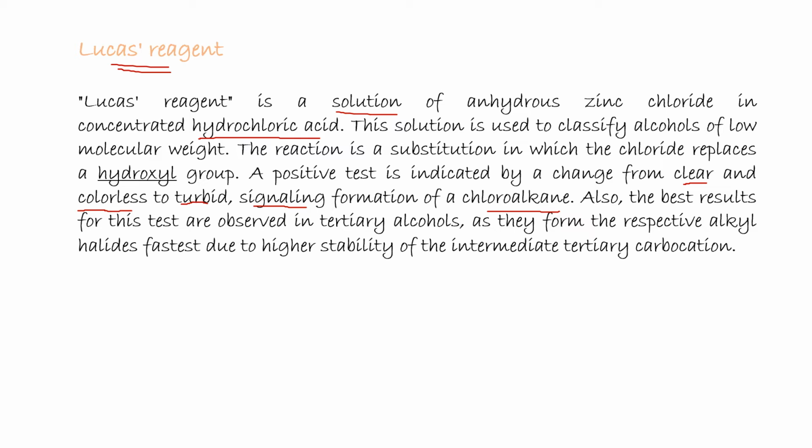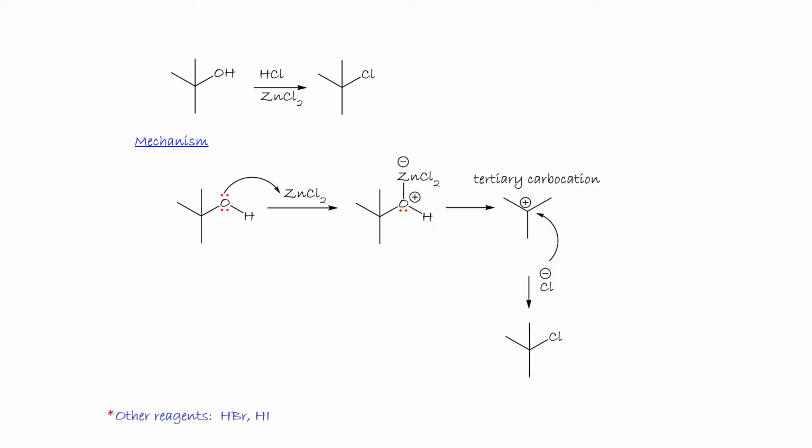Also, the best results for these tests are observed for tertiary alcohol, so tertiary alcohols work fast, and they form the respective alkyl halide fastest due to higher stability of the intermediate tertiary carbocation that forms very fast. So this is tertiary, connected to 1, 2, 3, so that's a tertiary alcohol.